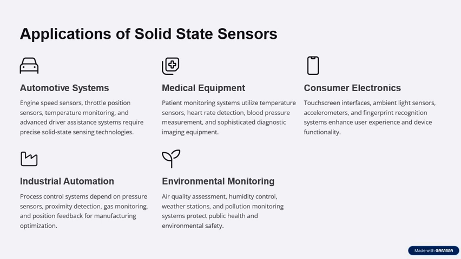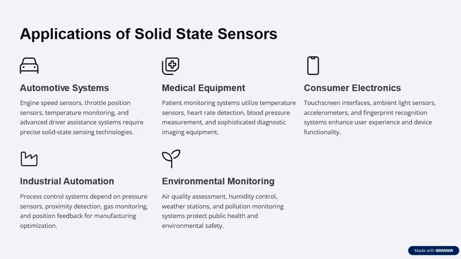Application of solid state sensors. There is a variety of applications of solid state sensors. We focus on automotive systems, medical equipment, consumer electronics, industrial automation, and environmental monitoring. Automotive systems measure engine speed, throttle position. Medical equipment is used to monitor patients, such as temperature, heart rate detection, and blood pressure measurement.